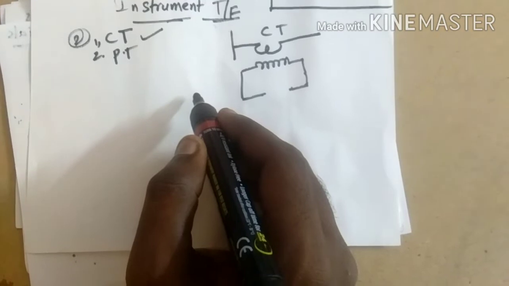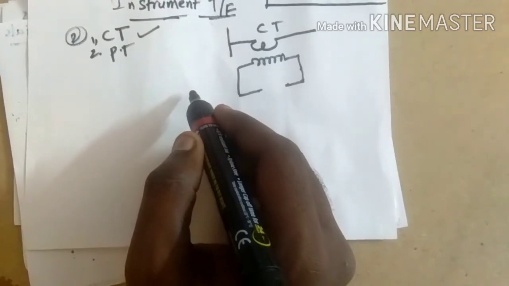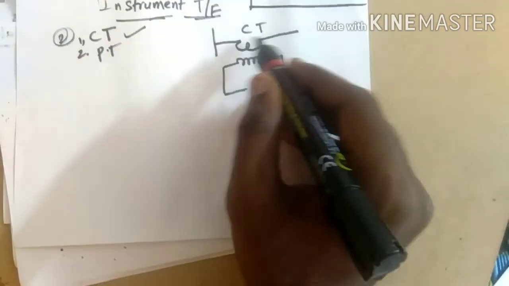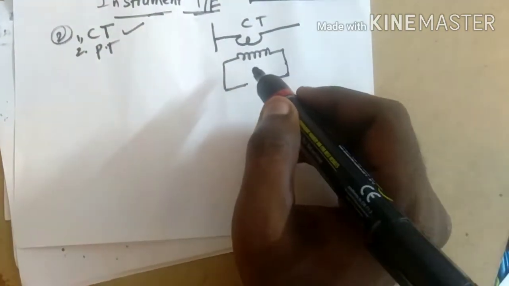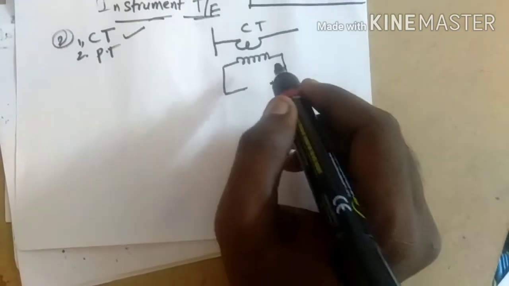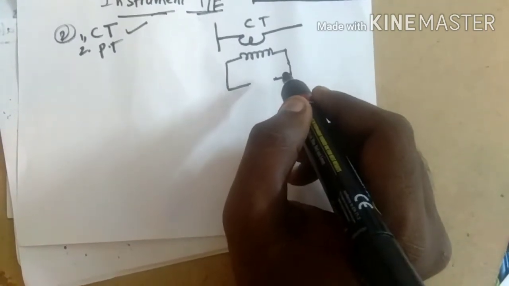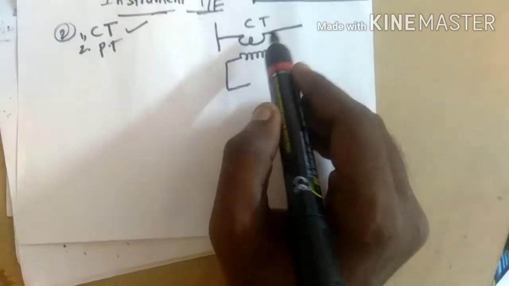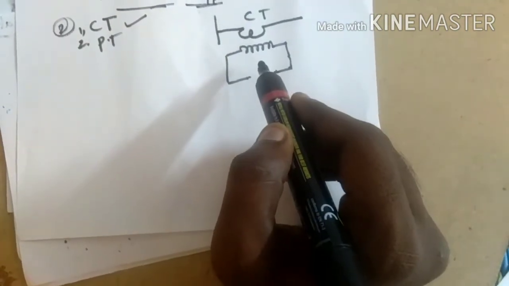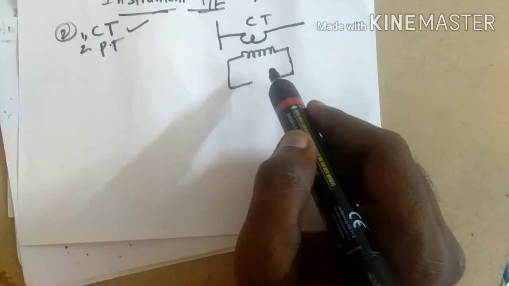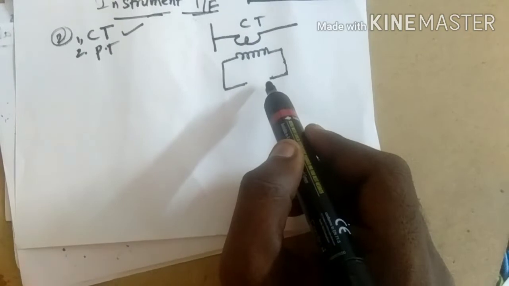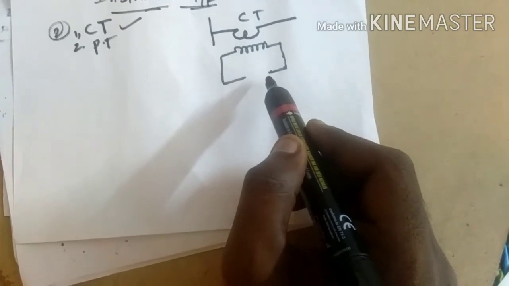As the operating voltages and currents in the transmission lines are very high in magnitude, the design of the relay and protection system at such high magnitudes is very difficult. We cannot design the relay for such high values.